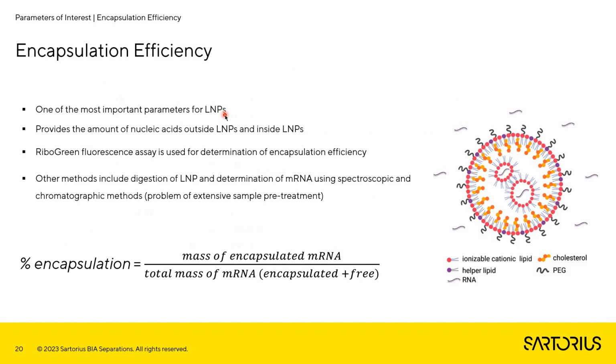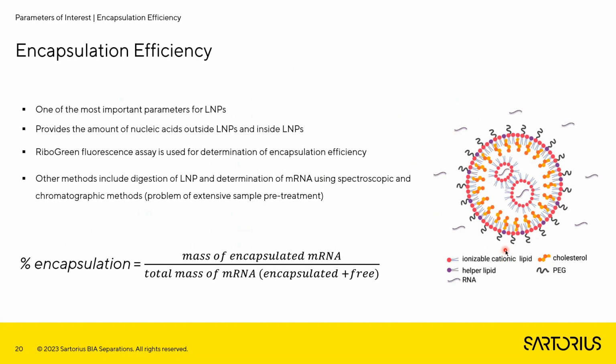It gives us information on how much mRNA is inside of the LNP particle and protected from RNases and other things which can degrade mRNA, and the amount of mRNA which is present outside of the particle.